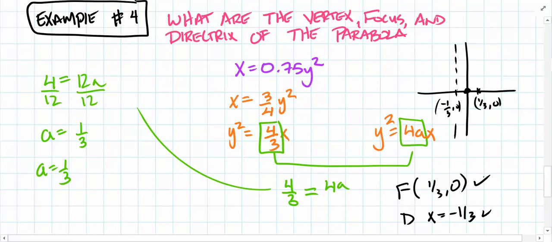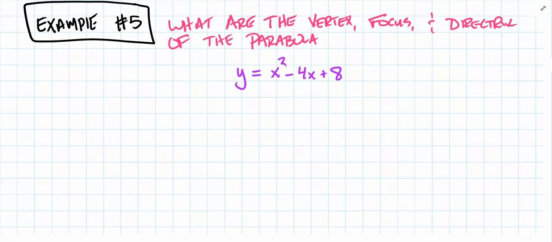The last final example is probably the most challenging example, so just try and follow along as best you can. What are the vertex, focus, and directrix of this parabola? I have y equals x squared minus 4x plus 8. Notice that this is in standard form, and we need to put this into a form that we can use. Over here the vertex is going to be at some point h comma k.